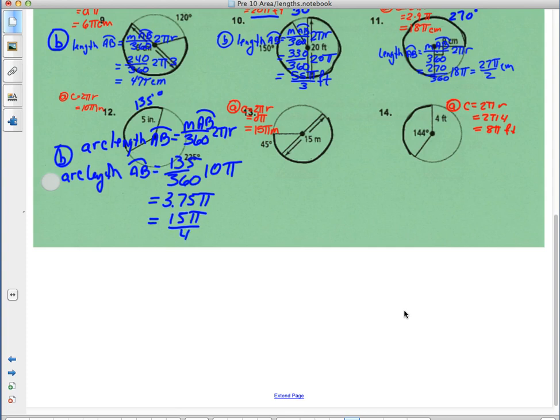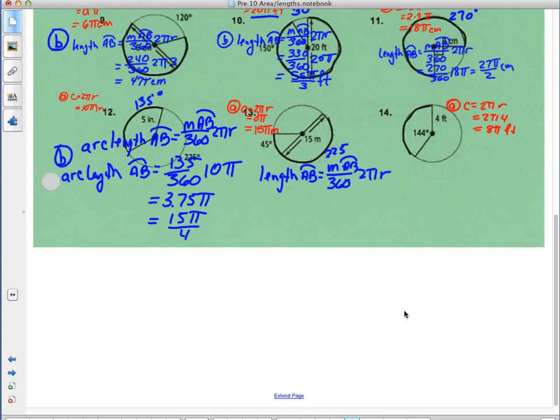Okay, now this one I got 45 and 180. So 45 plus 180 is going to be 225. So this is 225, and I've got my length of arc AB is equal to the measure of arc AB over 360 2 pi r.